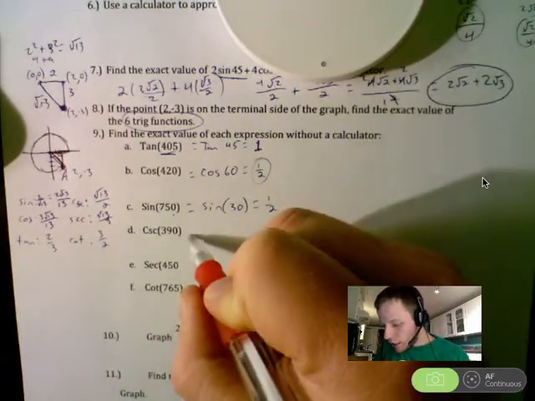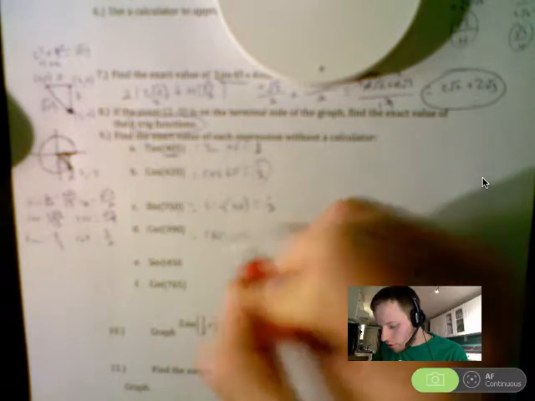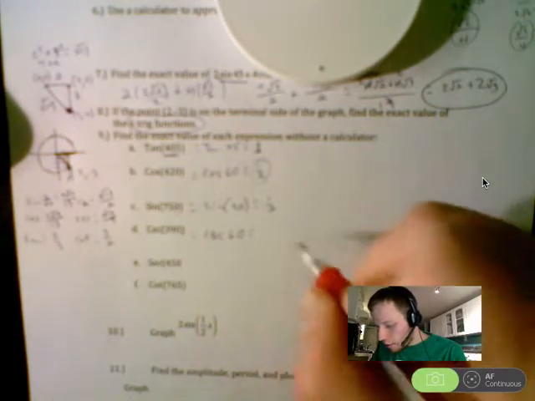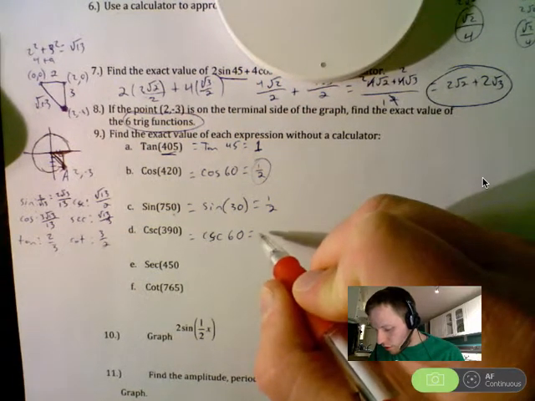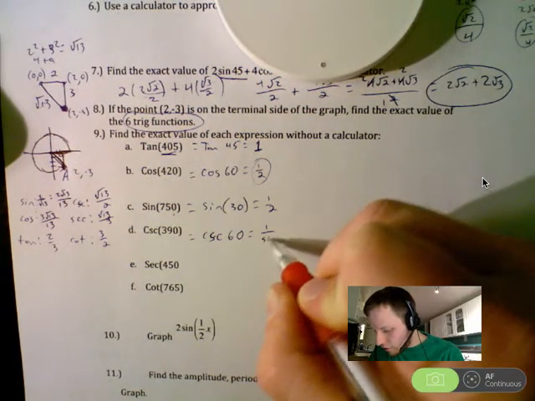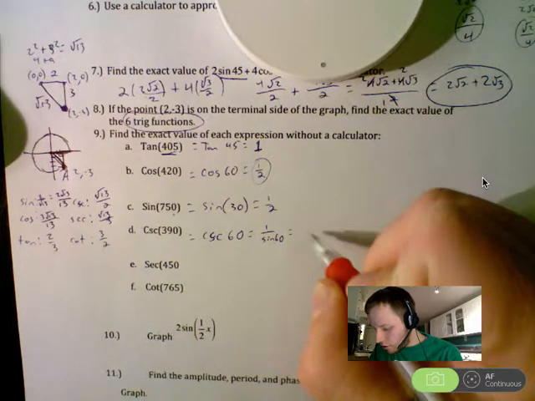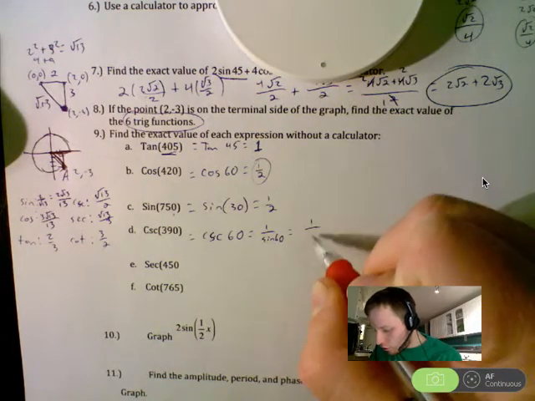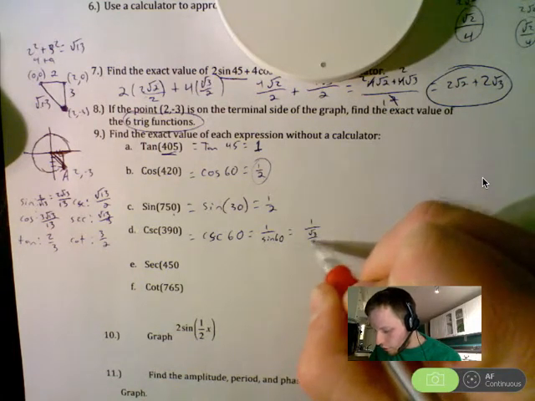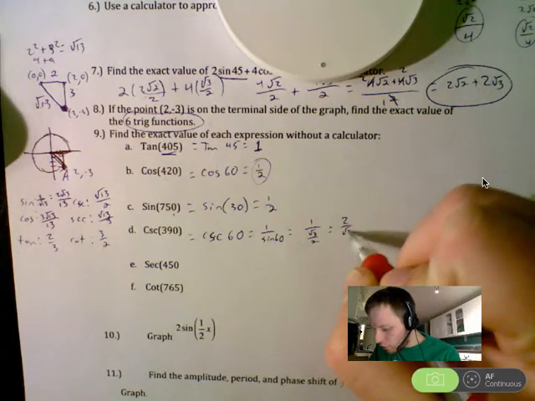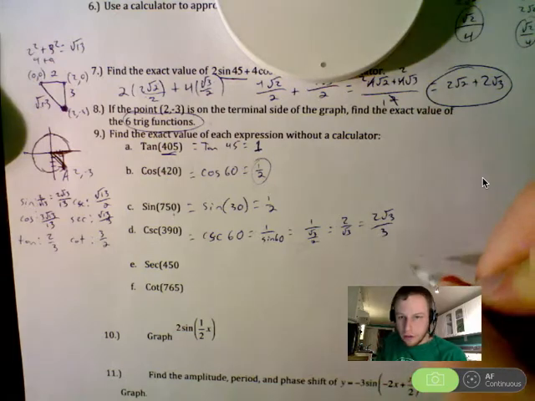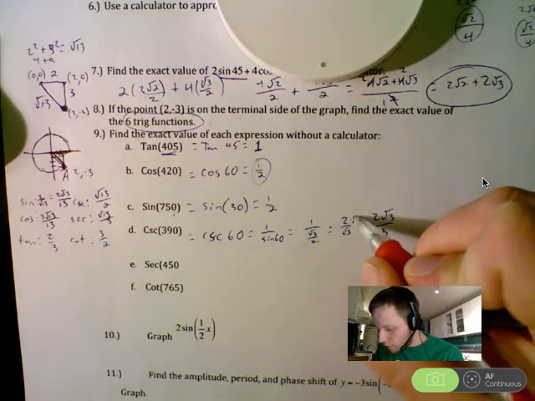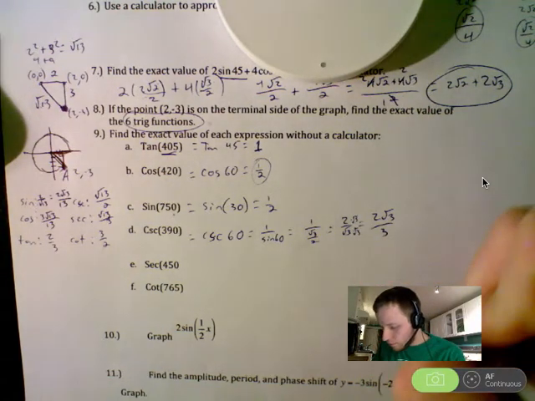Cosecant of 390 is cosecant of 60, which is the same as 1 over sine of 60. So this is the same as 1 over square root of 3 over 2, which is the same as 2 over square root of 3, which is the same as 2 square root of 3 over 3, if you multiply top by square root of 3 and bottom by square root of 3.